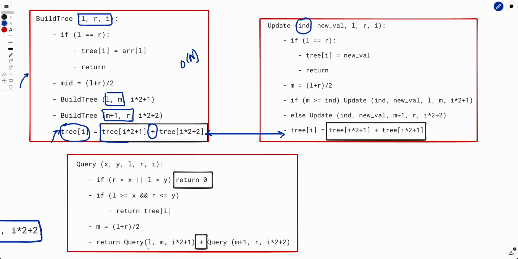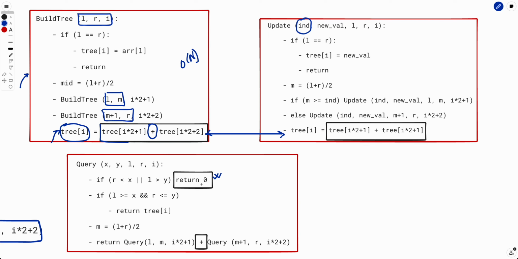And finally, while querying, you have to take care of the case where the node is not overlapping at all. So here we return 0 because we know that we are doing summation, and if we add 0 to anything, the result would not change. But let's say you are doing a minimum, then you will not return 0, right? Because for finding out minimum, 0 might change the result.